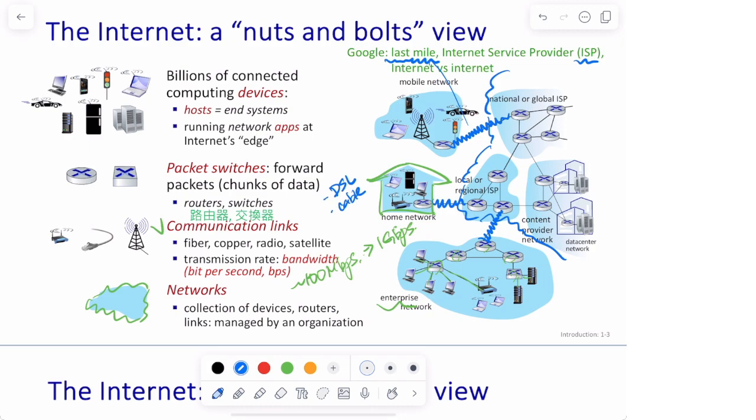There are some service providers that can attach your home network to the entire internet. You subscribe to DSL or cable services, and they will give you some equipment so that your home network can attach to the entire internet.